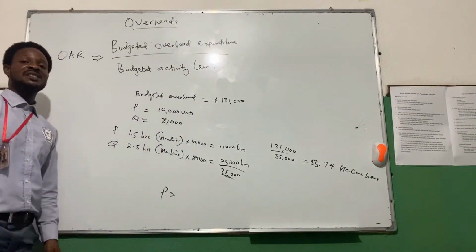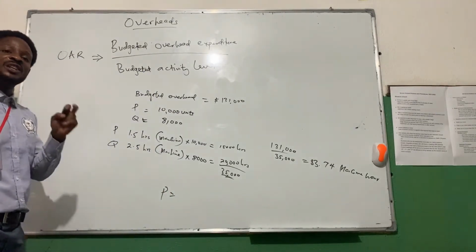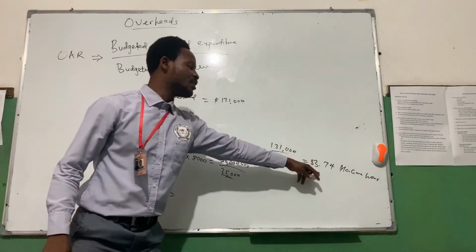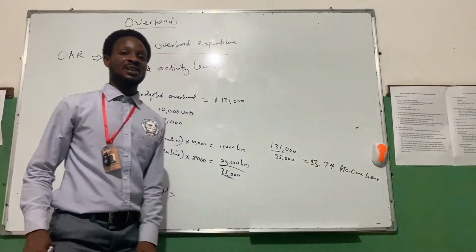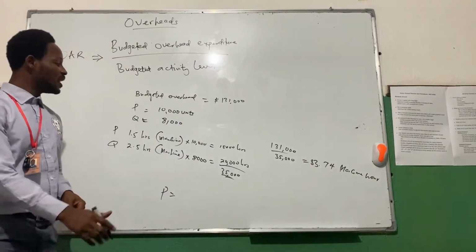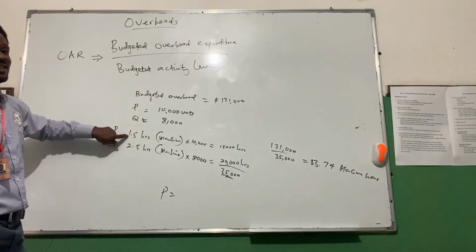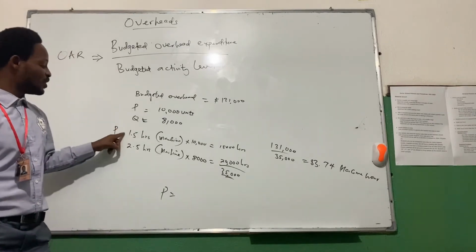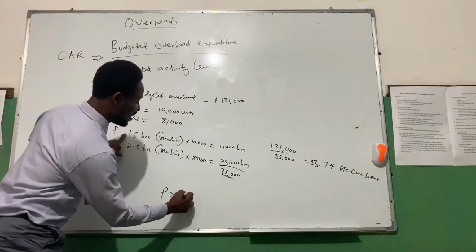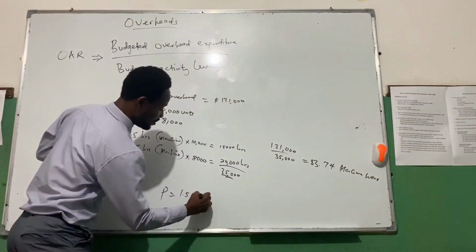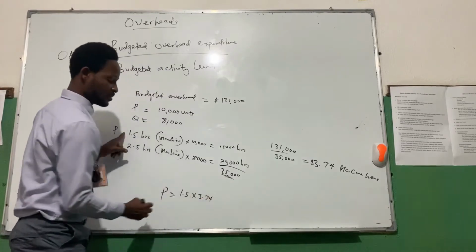Now, how many hours are required for each unit of product P? We already have the amount to incur per machine hour in the firm. So for each unit of product P, 1.5 hours would be needed. That means each unit will take 1.5 hours times 3.74 per hour. Do you get it?